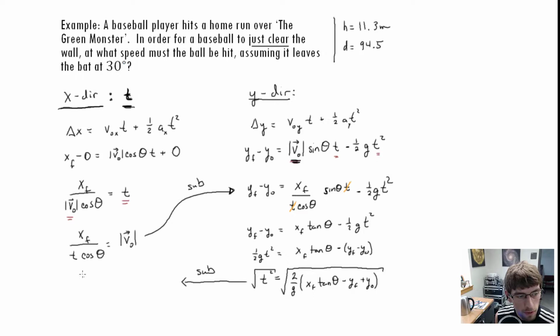This would give us x final times the square root of g divided by cosine theta, times 2 x final tangent theta minus y final plus y naught, and that would be to the 1/2.